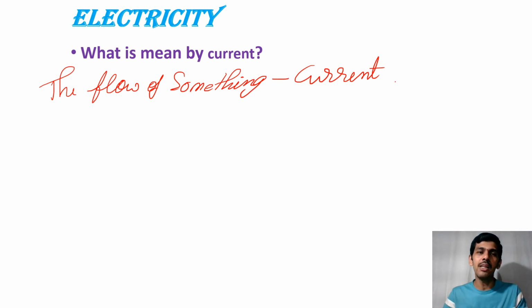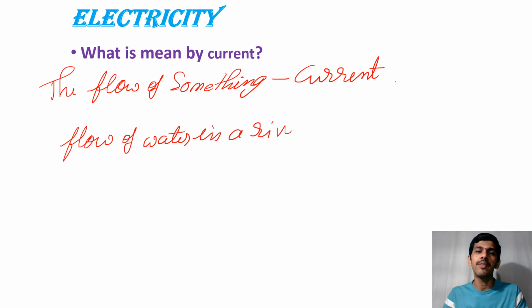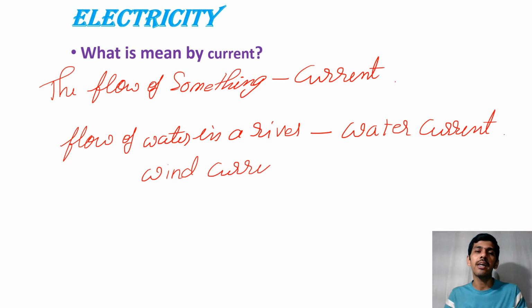So for example, the flow of water in a river is called water current. Similarly, sometimes the air flows continuously in the atmosphere, so we call it wind current.